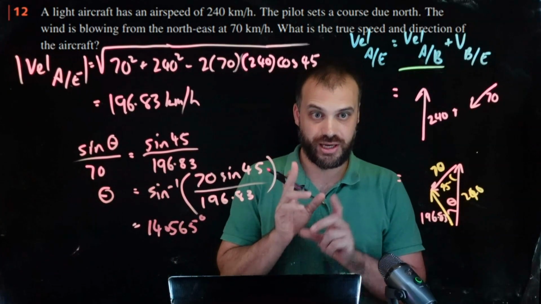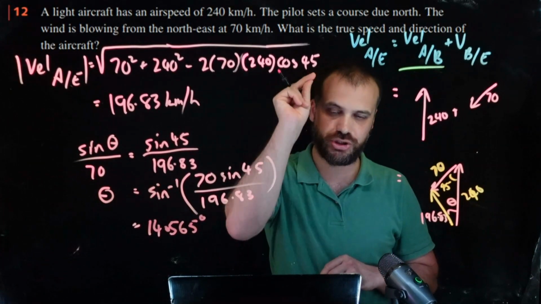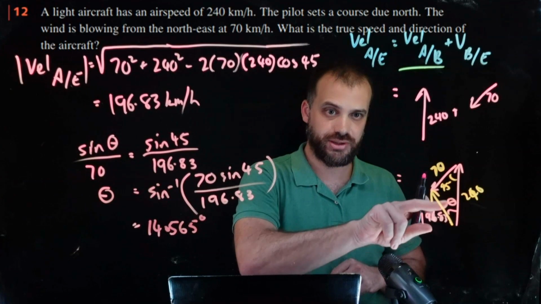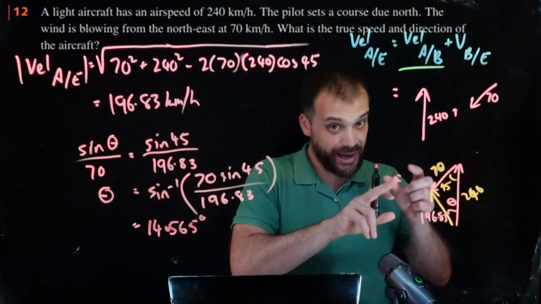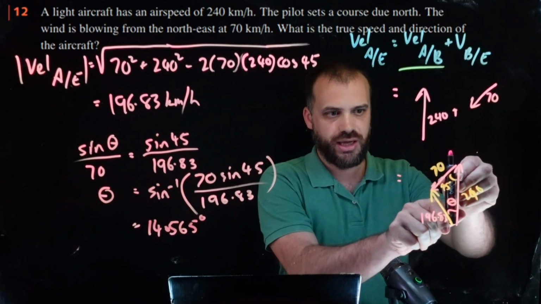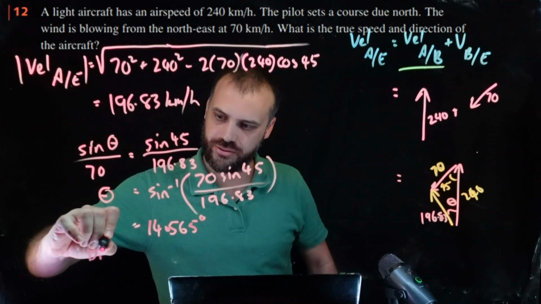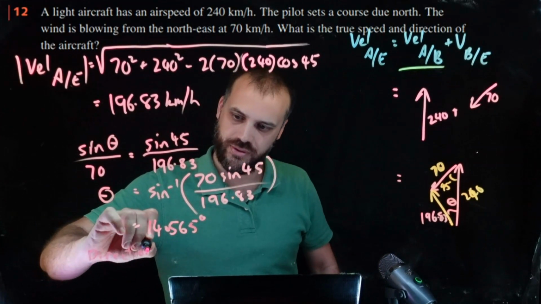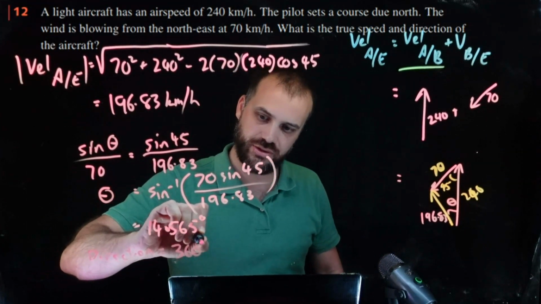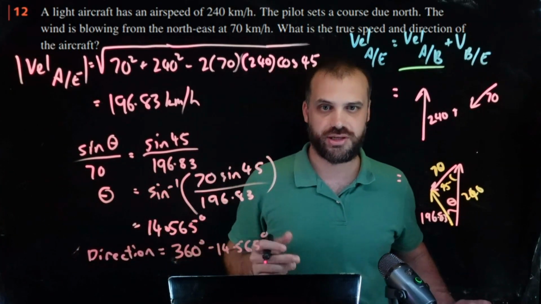But that's not the answer, because we're trying to find the true speed and direction. This is that angle in this triangle, but we're looking for a true bearing, right? So if that's north and that angle is 14.565, the direction of our object is 360 degrees minus 14.565 degrees.